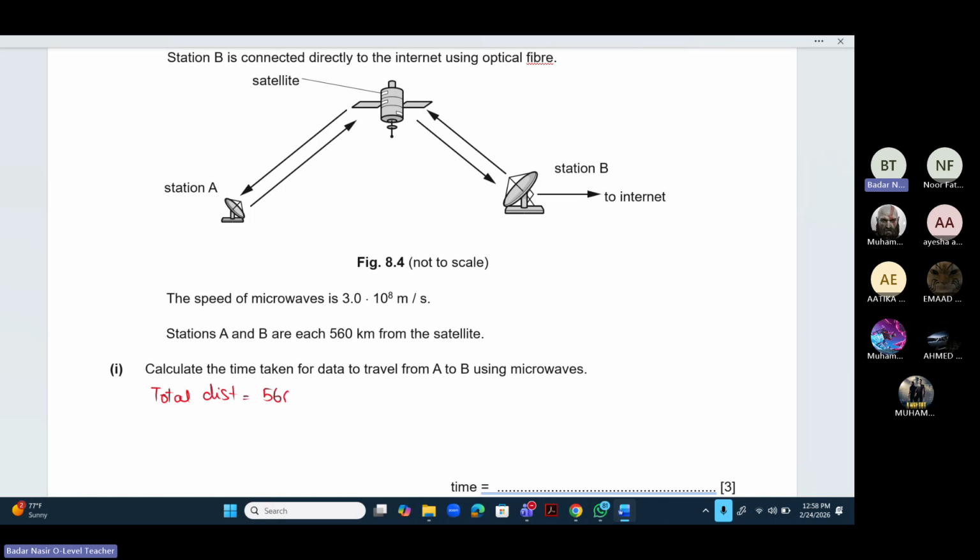560 times 2. Okay, so 560 times 2, we get how much? Okay, so we get 1120 kilometers.